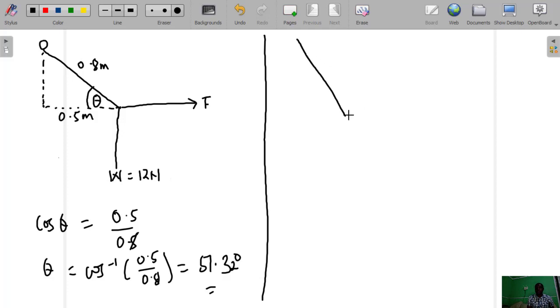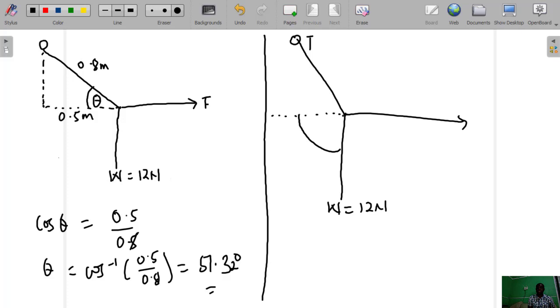We have the horizontal force there, then the weight here, 12 Newton, and the tension is here. Point O will be here. If you look at this, there's an imaginary line here, which means from here to here is 90 degrees.